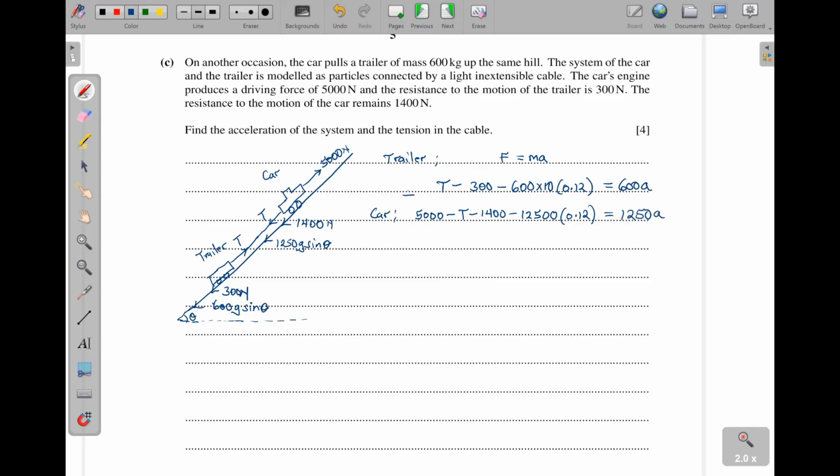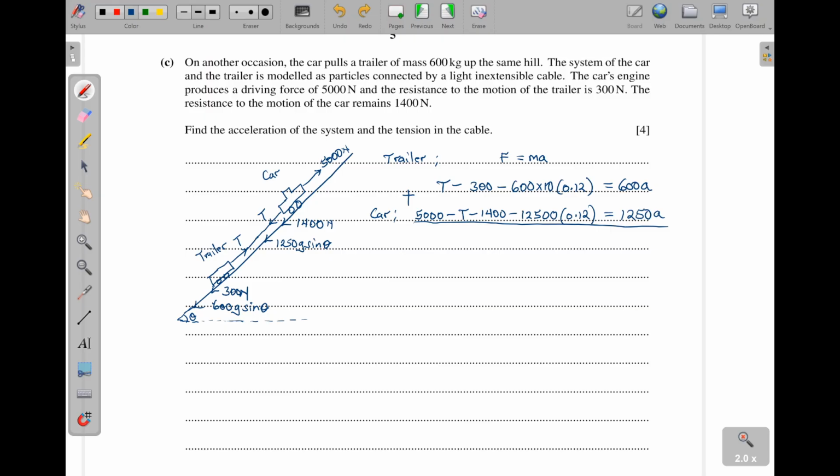To solve this simultaneously, I will just add. When I add, the tension cancels and I'll be left with only the acceleration to find.